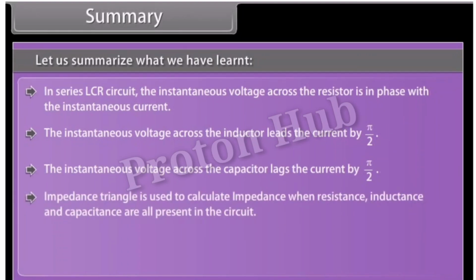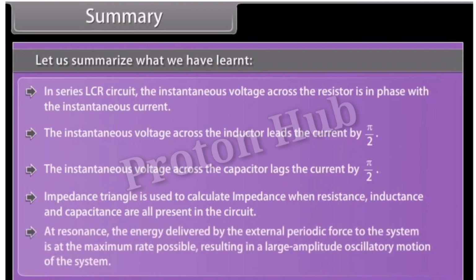Impedance triangle is used to calculate impedance when resistance, inductance and capacitance all are present in the circuit. At resonance, the energy delivered by the external periodic force to the system is at the maximum rate possible, resulting in a large amplitude oscillatory motion of the system.